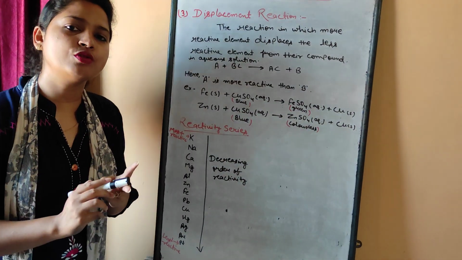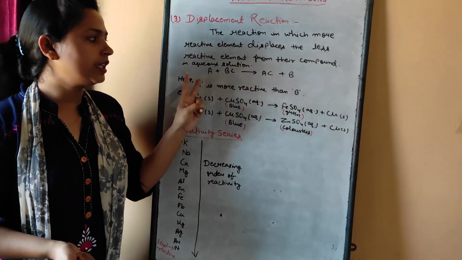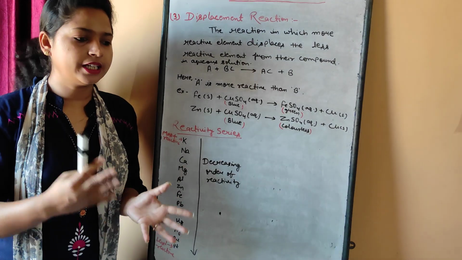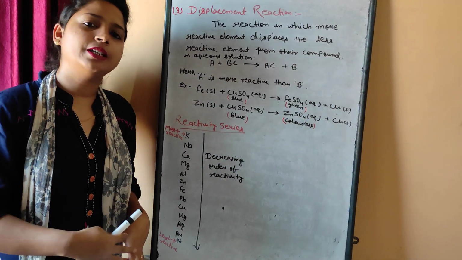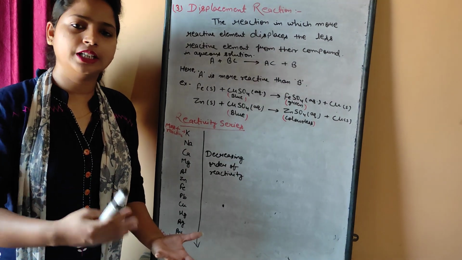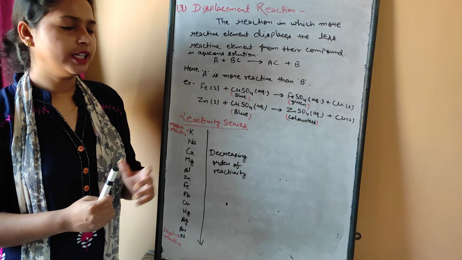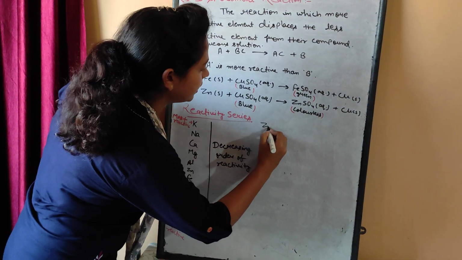Second, we have to remember that one of the reactants is in its elemental form and the other should always be in its metallic salt solution form, right? The one in elemental form is the more reactive metal, and the salt solution is of the less reactive metal.